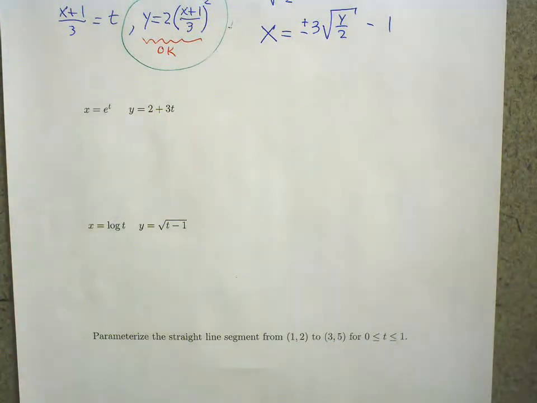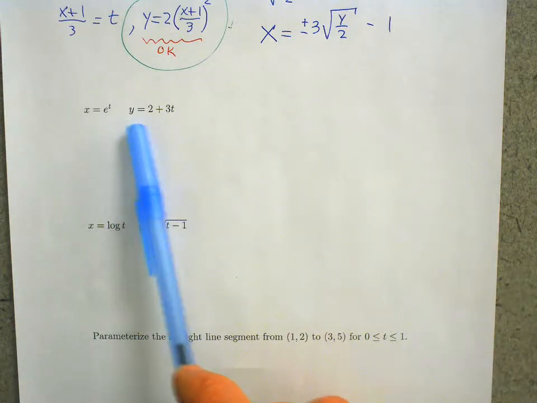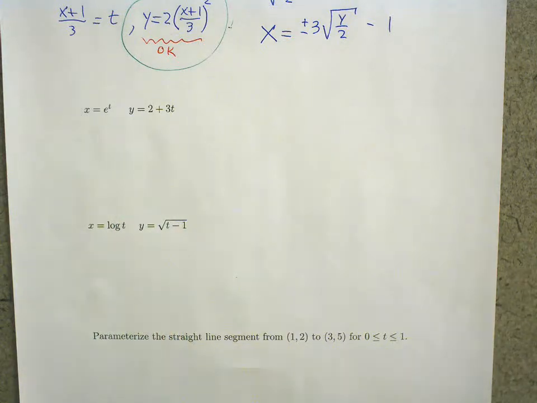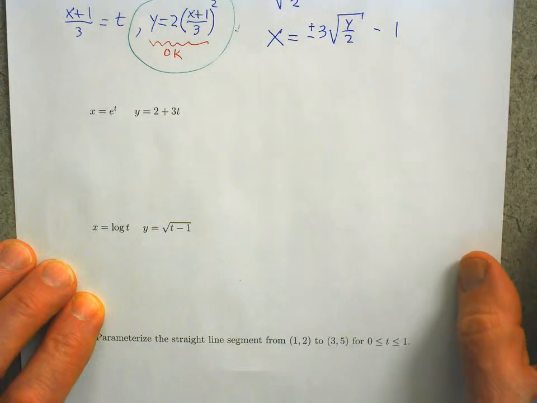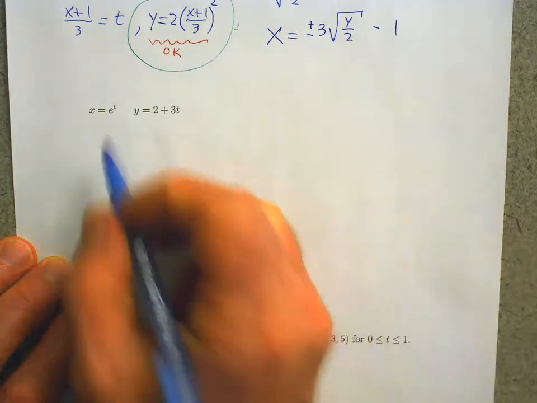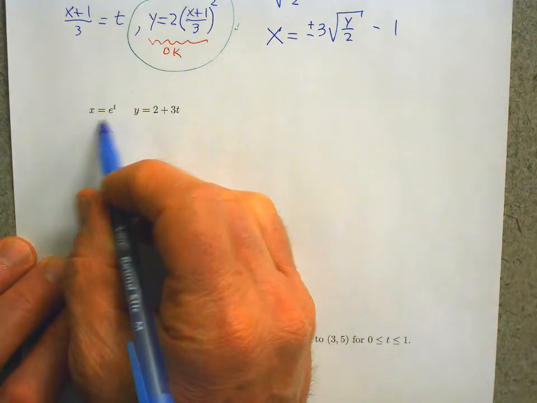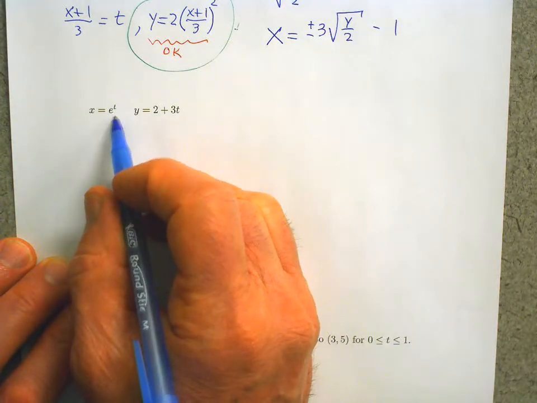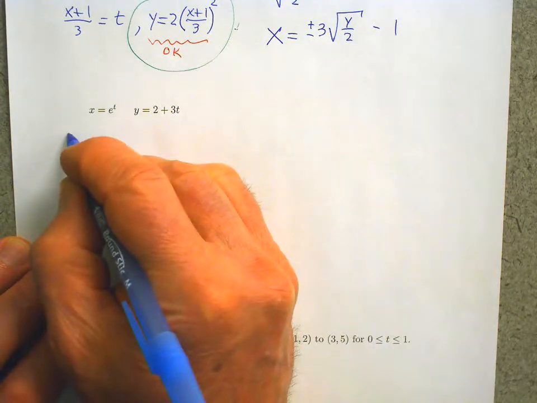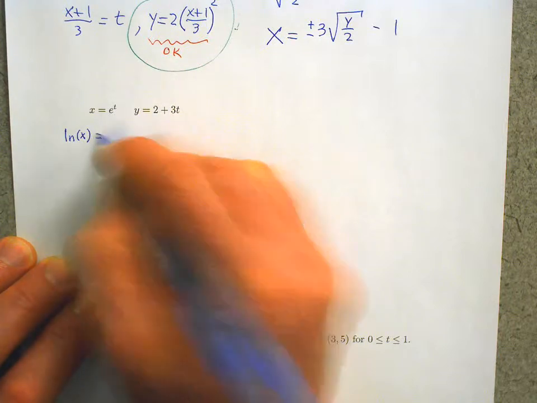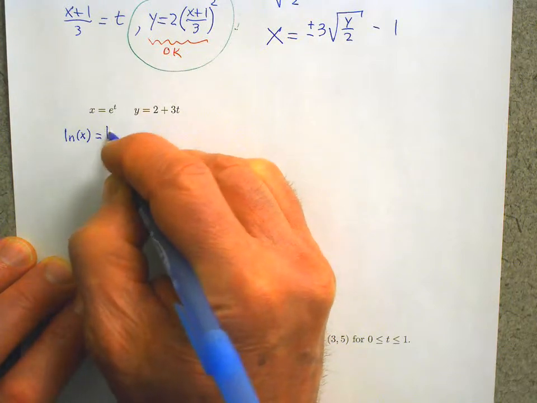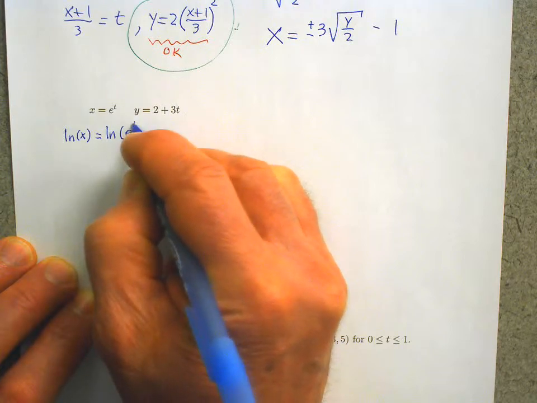This time we have x equals e to the t and y equals 2 plus 3t. So eliminate the parameter t. Well, one way to do it, solve x equals e to the t for t. So if we take the natural log of both sides, the natural log of x equals the natural log of e to the t.